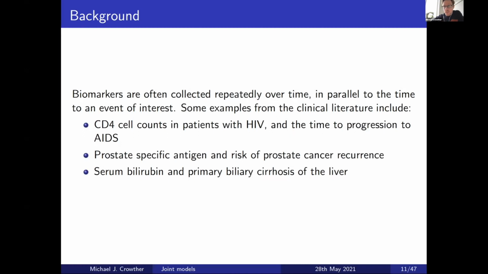Prostate-specific antigen, I know Cecile's done a lot of work in this area, modeling prostate-specific antigen and risk of prostate cancer recurrence. And serum bilirubin and primary biliary cirrhosis of the liver. It's one of the classic joint model example data sets, which I'm also going to use in this talk later.